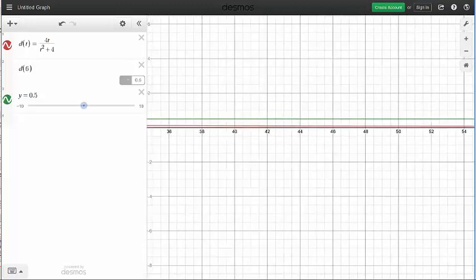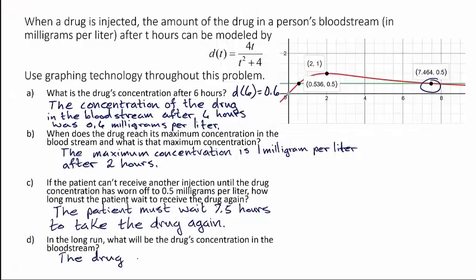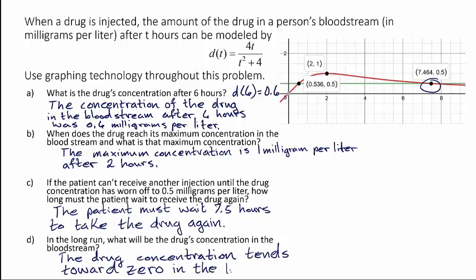That makes a lot of sense, because when you take a drug, there will be a peak in terms of its effectiveness in your bloodstream, and then it's going to decline to 0. The drug concentration tends towards 0 in the long run, which is what we would expect.